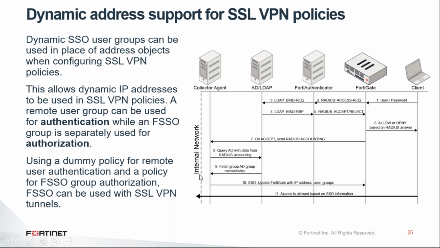The collector will check the user's IP address and the user's user groups, and send that via an FSO channel to the FortiGate. So the FortiGate has a nice relationship between groups, users, and IP addresses. So it's like a regular FSO update. And because it's a regular FSO update, we can play with user groups like you want.